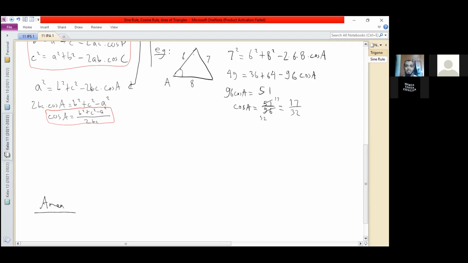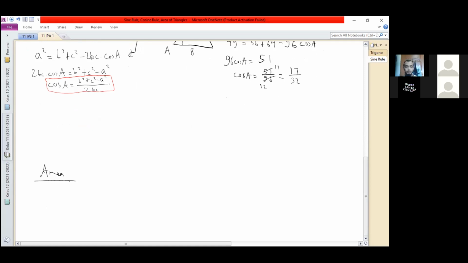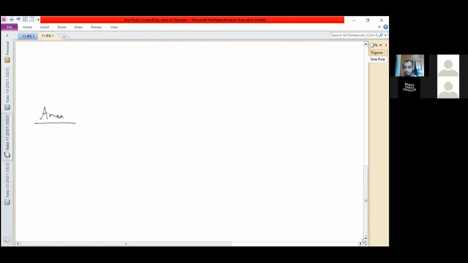So the first one, if you don't know any of the angle, then we can use this formula. Let me just draw another triangle here. If we know all the sides, then we can use this formula.